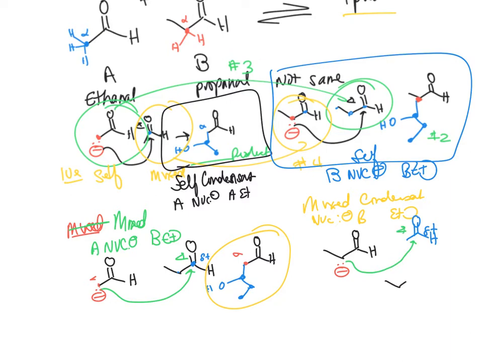You just redraw your enolate. This is your alpha carbon here. Here it is here, and then it attacks to make a new beta carbon-carbon bond, OH. We have 1, 2, 1, 2. So we have 1, 2, 3, 4, 5, 1, 2, 3, 4, 5. And so there's your product of the mixed condensation. So number 5.